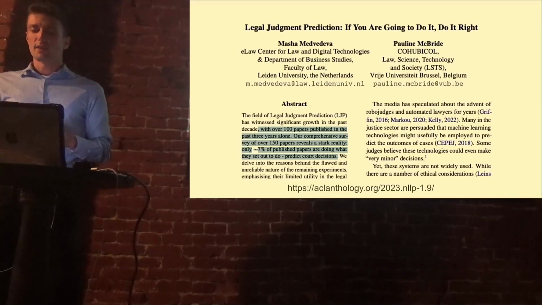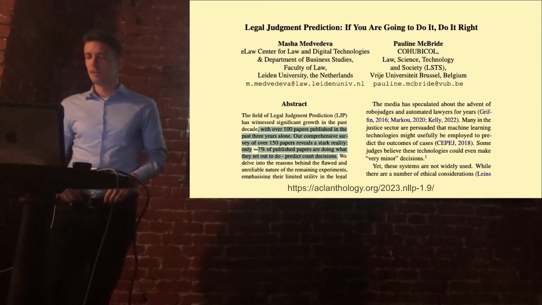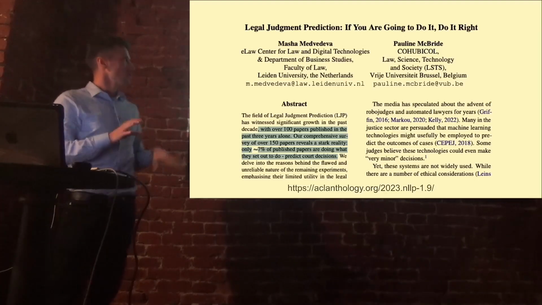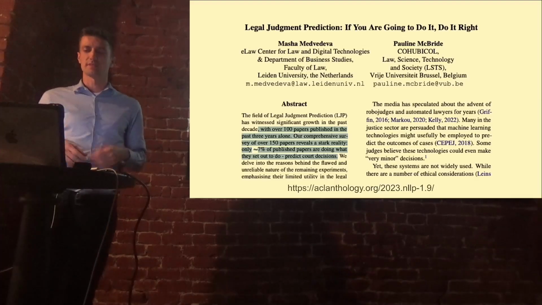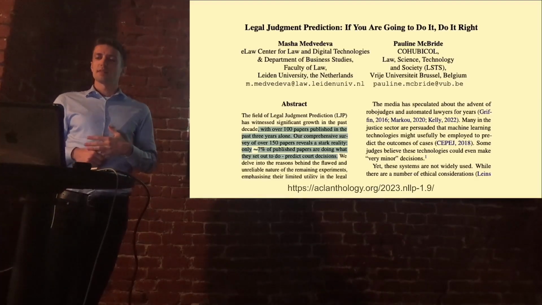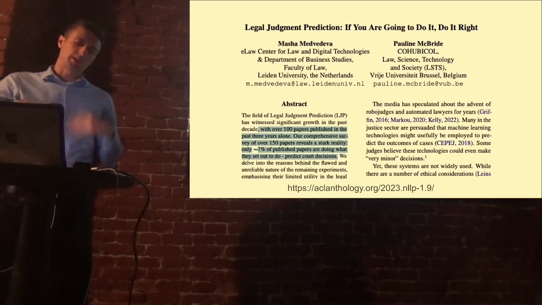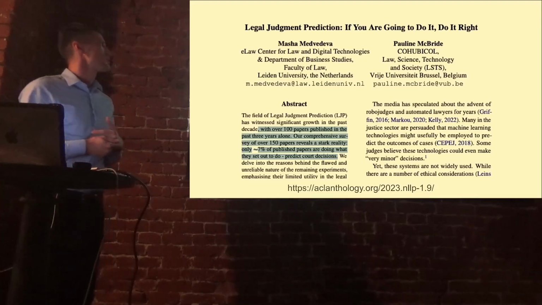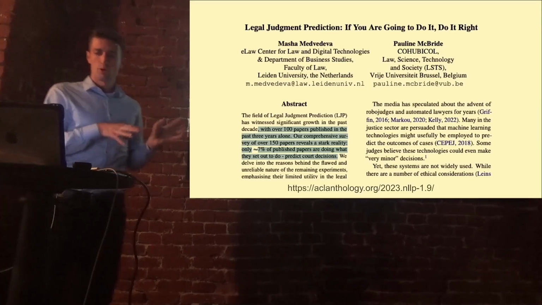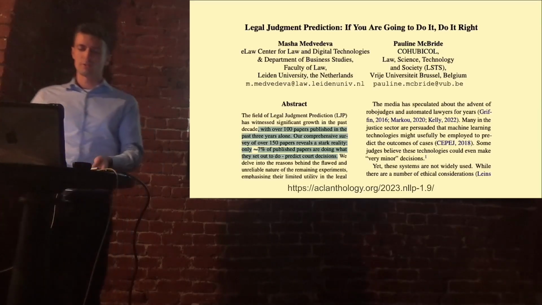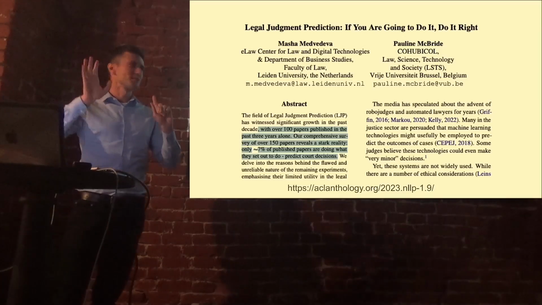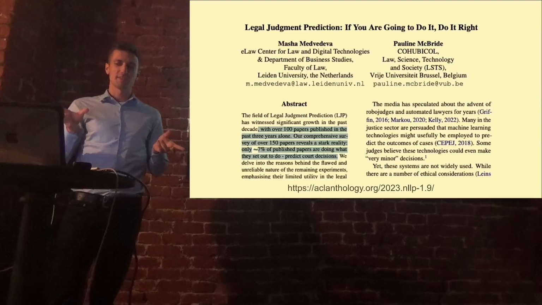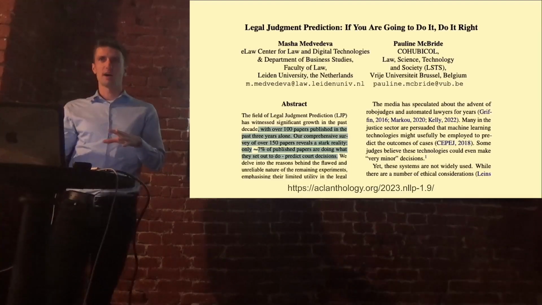Some people tried it, and I don't know anyone who was trying just embeddings to do a classification or prediction. But there is a meta paper about other work on prediction and classification of judgments, and they found out that only 7% of the articles were really predicting the outcome.